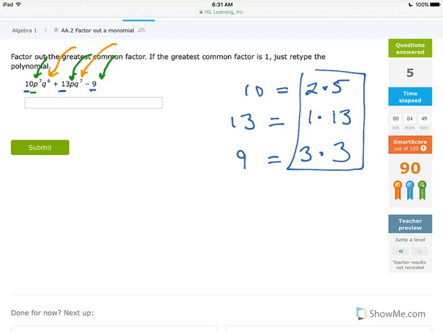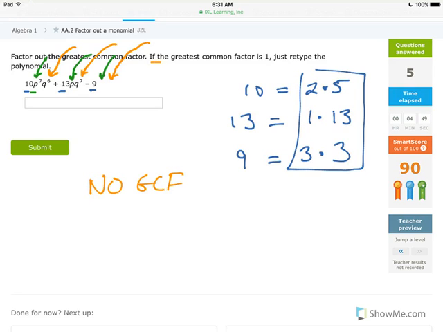So the first two terms would have q to the 6th in common. But again, if you look at the last term, there are no q's. So you don't have any numerical parts in common, you don't have any p's or q's in common, so really there is no common factor, no greatest common factor that could be factored out.